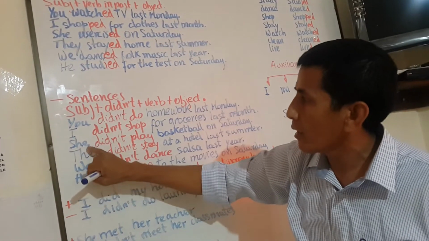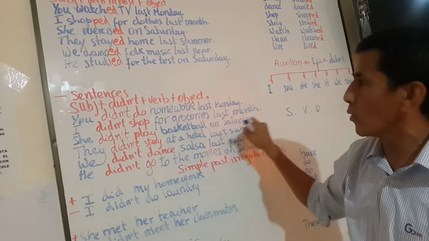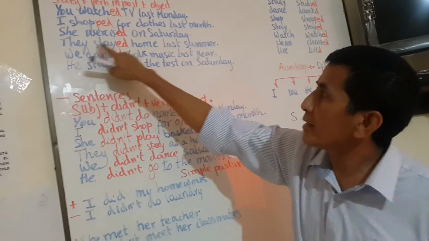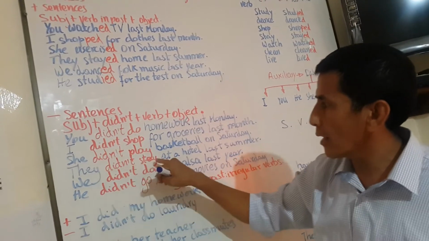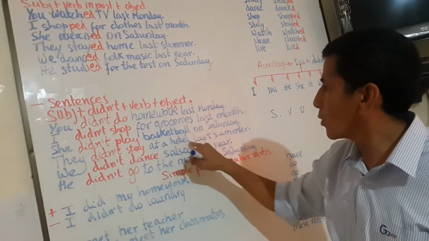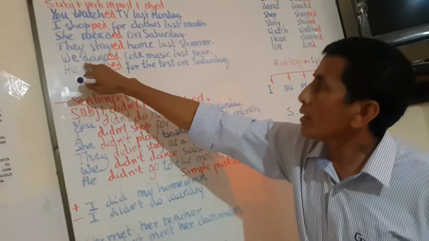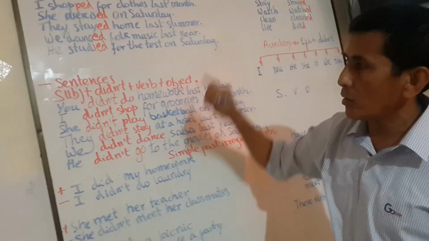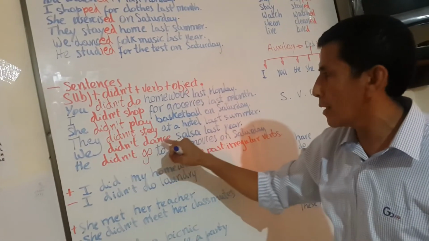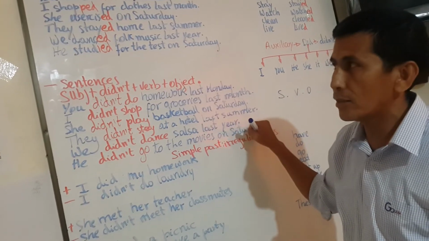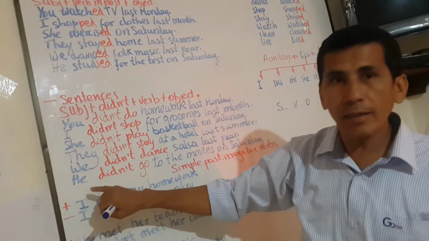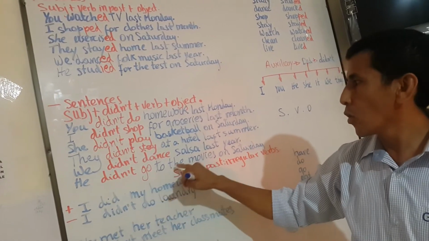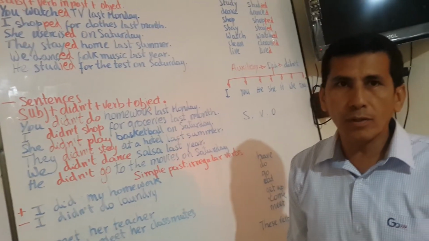The negative, she didn't play basketball on Saturday. They stayed home last summer. The negative, they didn't stay at a hotel last summer. We danced folk music last year. So the negative, we didn't dance salsa last year. He studied for the test on Saturday. Negative, he didn't go to the movies on Saturday.